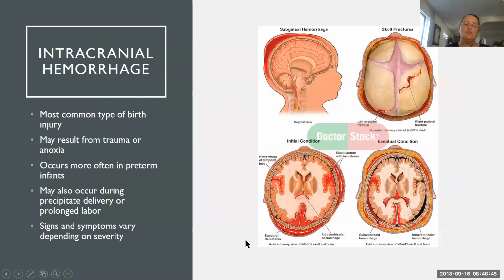It can cause seizures. It can cause cerebral palsy, or cerebral palsy might result from this. And so we really want to be careful with these babies' heads during delivery. Instrumental deliveries, things like vacuums and forceps deliveries, do increase the risk of this.